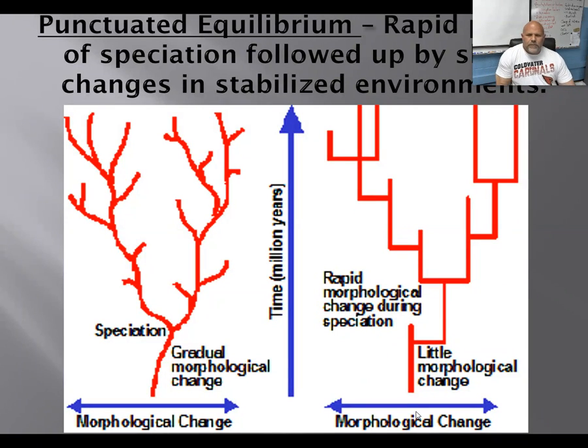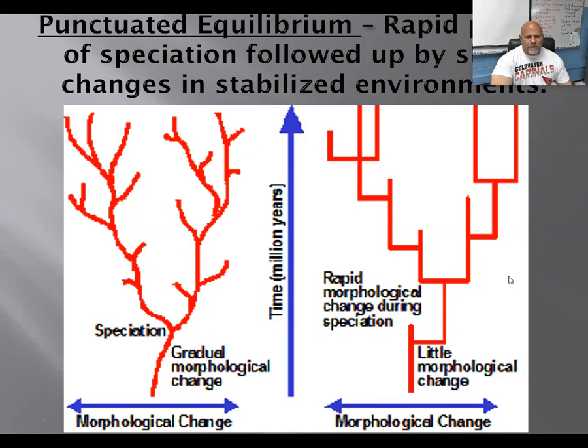Then the last thing we haven't talked about yet is punctuated equilibrium versus gradualism. Gradualism is an idea that things slowly change over time, and punctuated equilibrium says we have real fast change and then long periods of non-change.